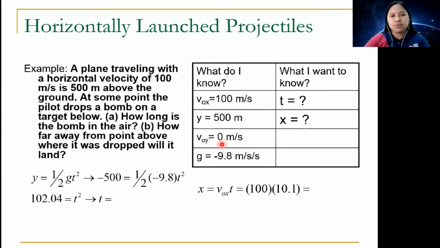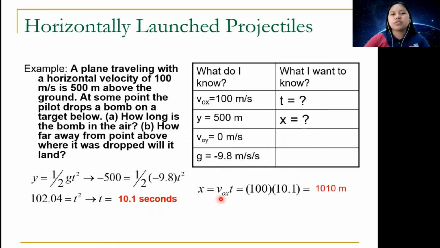Always remember it's 0. The gravity is equivalent to negative 9.8 meters per second squared. And we get, just follow this formula, 1/2 times gravity times t squared. Always follow the mathematical order of operations, PEMDAS. Alright? And we get 10.1 seconds.